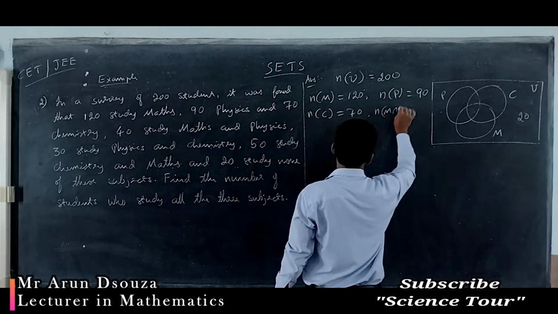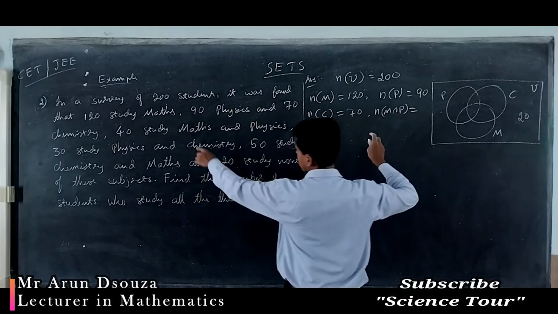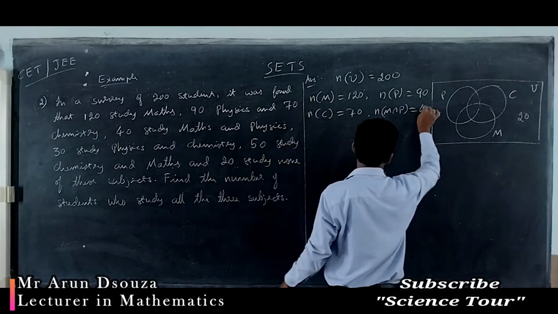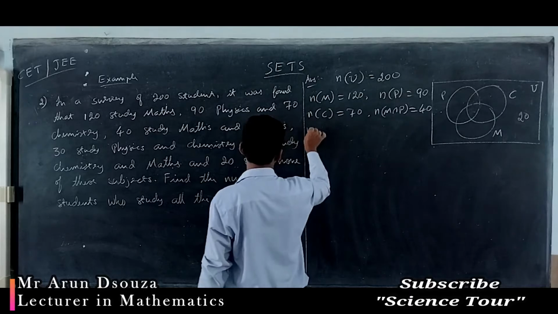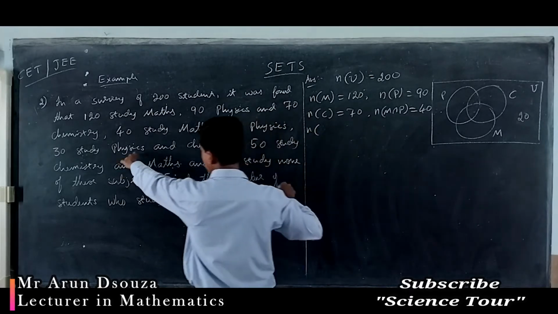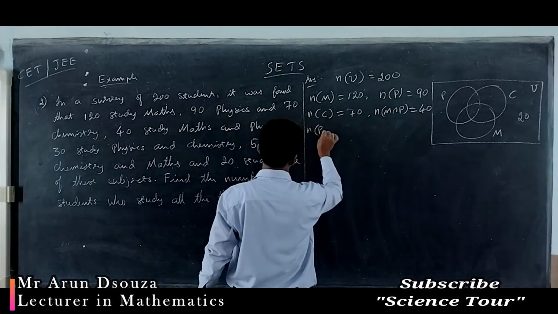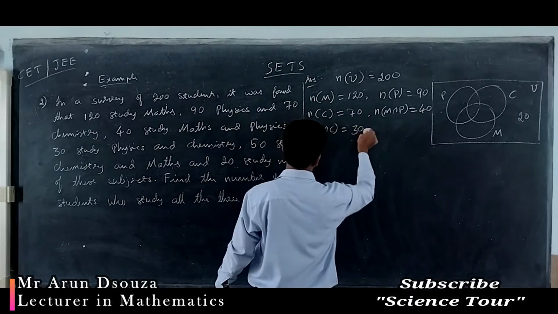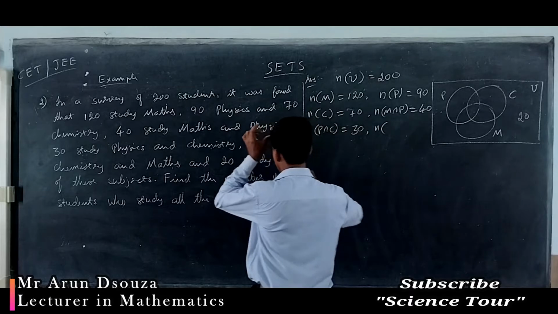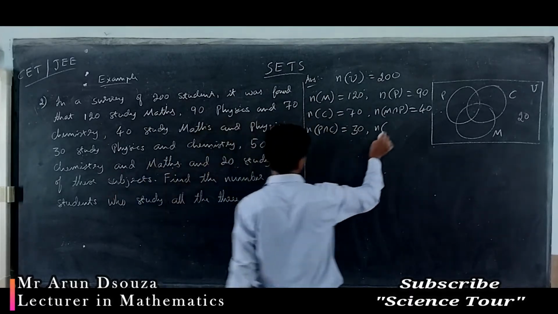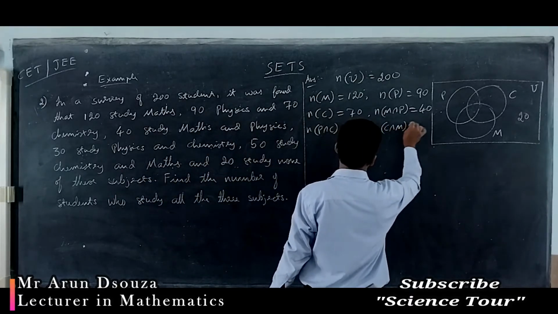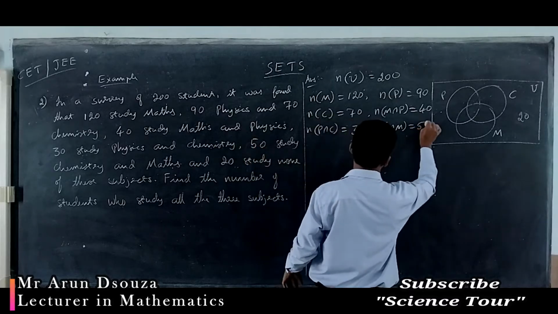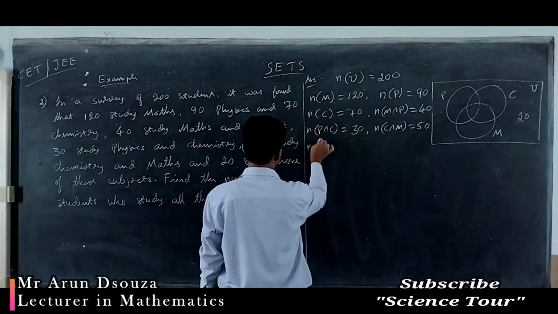So maths and physics is 40, and then you have physics and chemistry, that is 30, and then you have chemistry and maths, and that is 50.